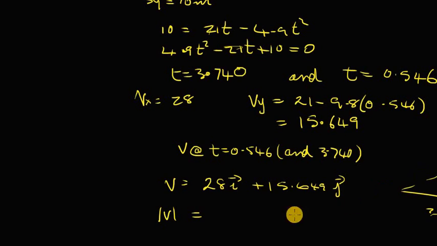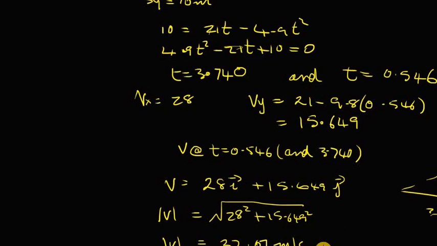So it's the square root of 28 squared plus 15.649 squared. That means our magnitude is equal to 32.07 meters per second. That's the velocity at that particular point.